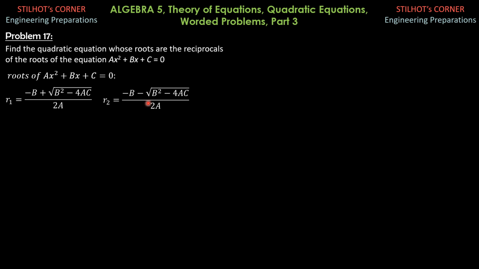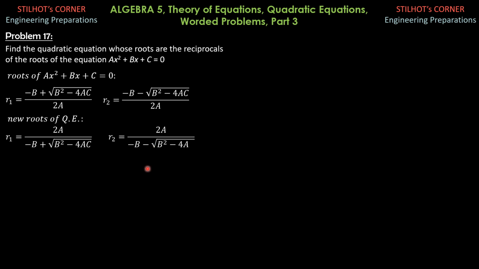So, therefore, the new roots, as mentioned here, are the reciprocals of these roots. So root 1, or the new root, is equal to the reciprocal, 2a over negative b plus square root of b squared minus 4ac, while the second root would be 2a over negative b minus square root of b squared minus 4ac.